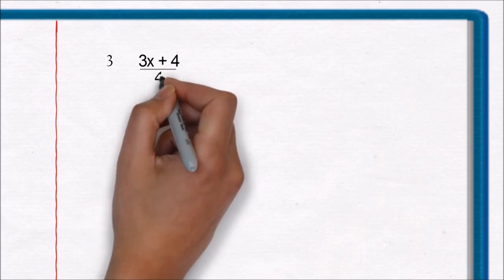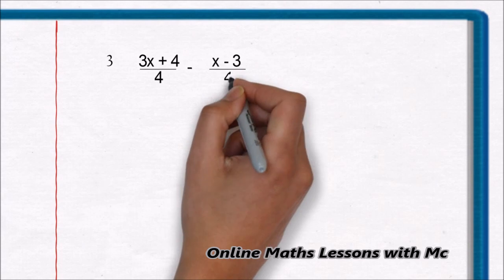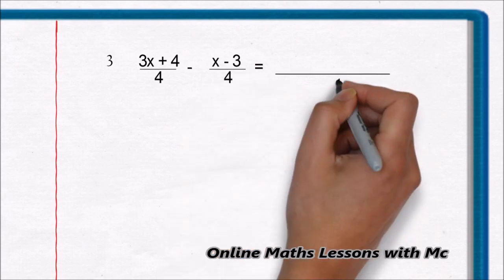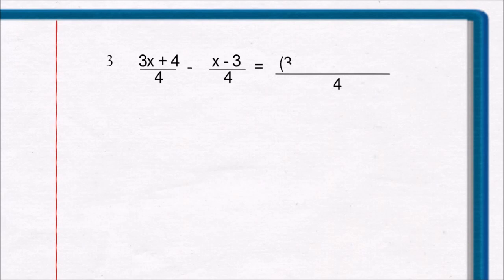Then in number 3, we have (3x plus 4) over 4 minus (x minus 3) over 4. Also in this case, the denominators are the same, so we can simply use 4 as the common denominator. Then we can just go ahead and add the numerators together. So we have open bracket 3x plus 4 close bracket minus open bracket x minus 3 close bracket.